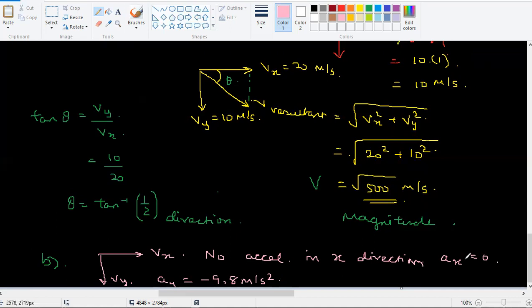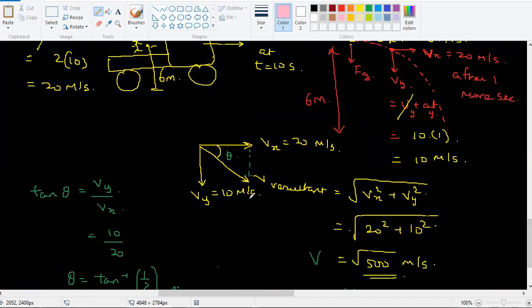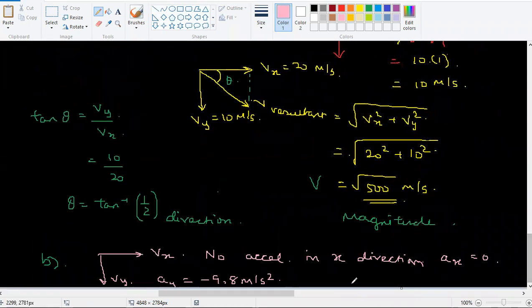What you folks are telling me is, sir, we know the Vy is 10 meter per second, and the Vy at this location is 0, which means V minus U is 10 minus 0 divided by time taken, 1 second. So 10 by 1 is 10, the same thing.